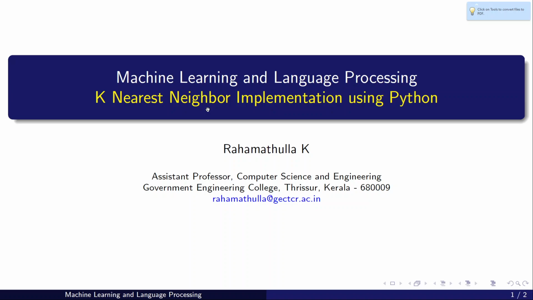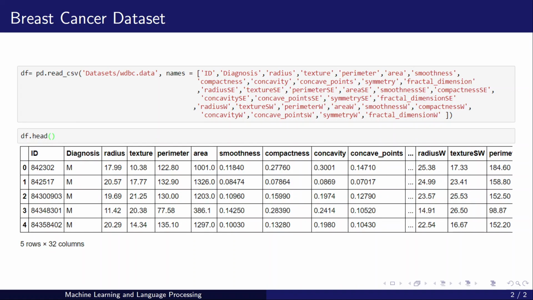Our next topic is k nearest neighbor implementation using Python. In the k nearest neighbor algorithm implementation, we are going to use the breast cancer dataset, which is available along with sklearn datasets.